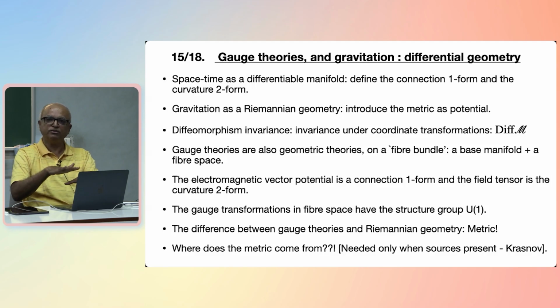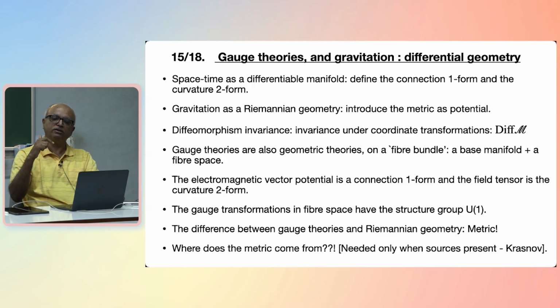In space-time, the fiber is a vector space. In electrodynamics, it's not a vector space. It is what we call a Lie group, which is also a manifold. U(1) is a Lie group, made from the set of complex numbers e to the i theta.